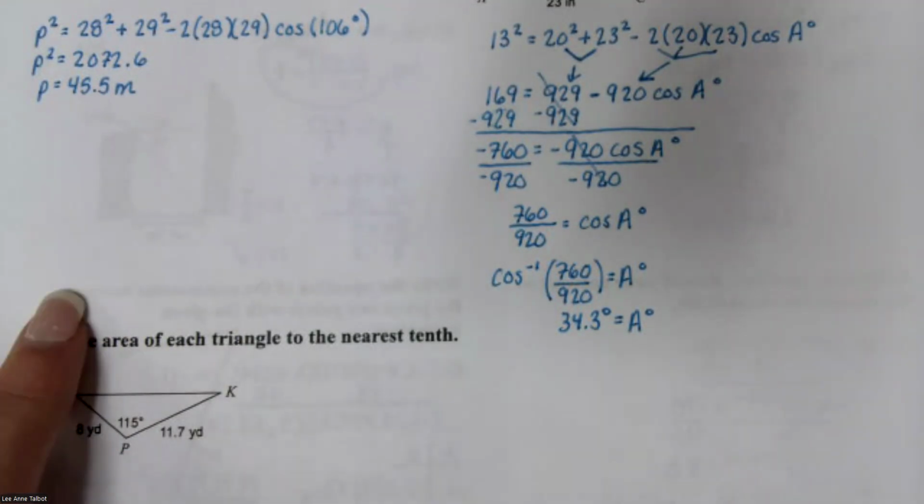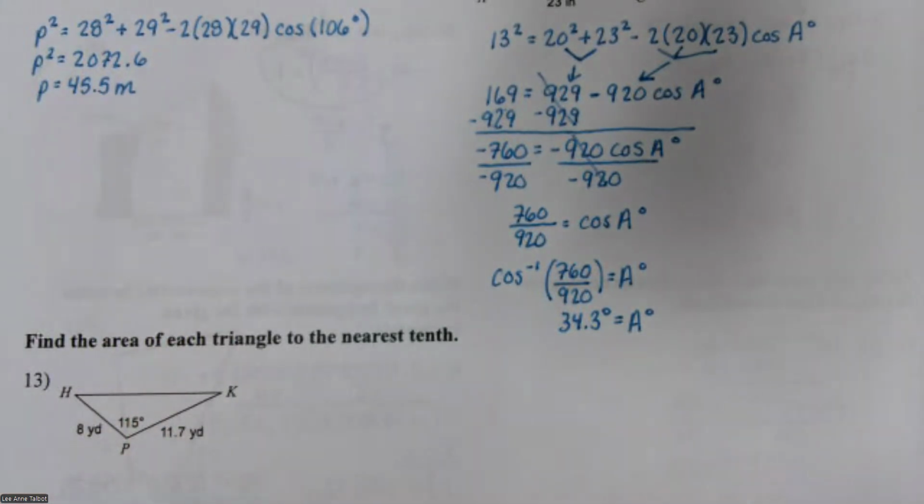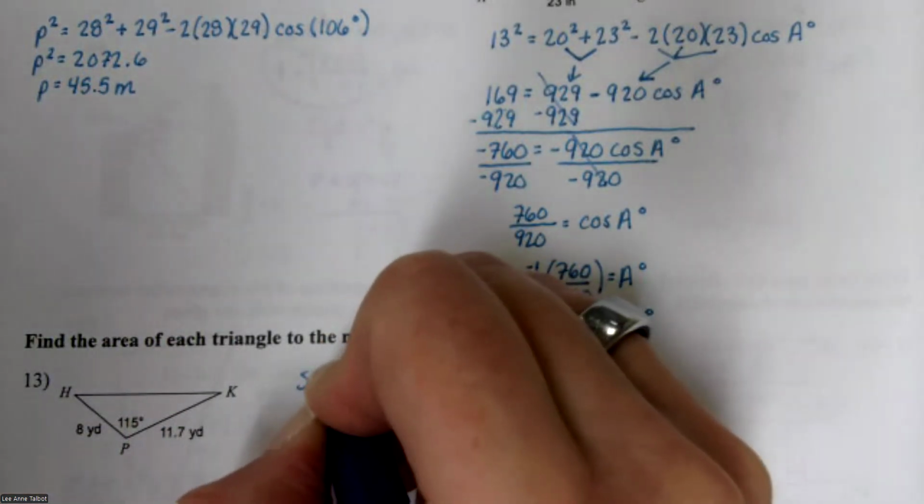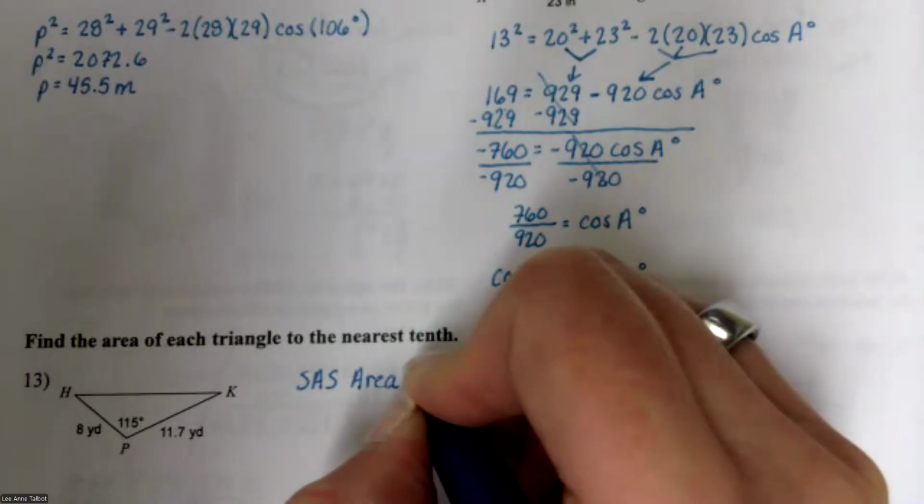Okay, last problem. Find the area of each triangle to the nearest tenth. This is the side angle side area formula.